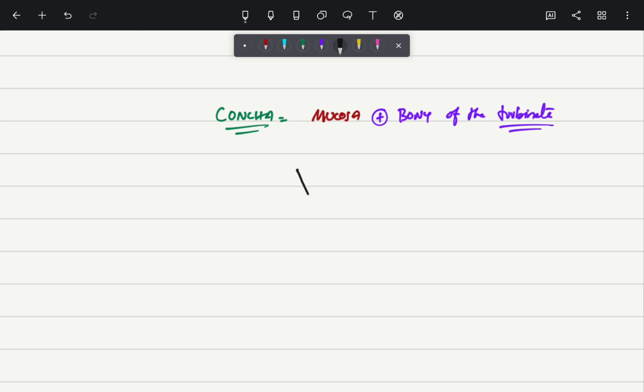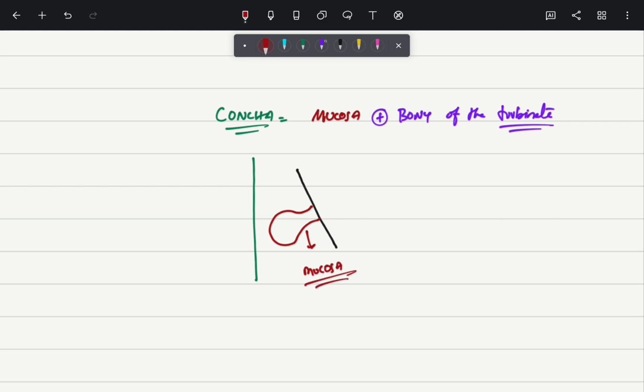So suppose that this is the lateral wall of the nose, and here is your nasal septum. From the lateral wall of the nose, there is an extension of the mucosa. So this is the mucosa, right?